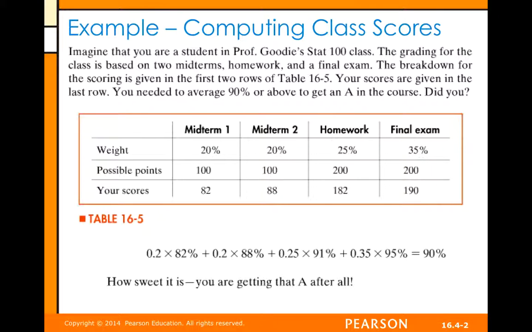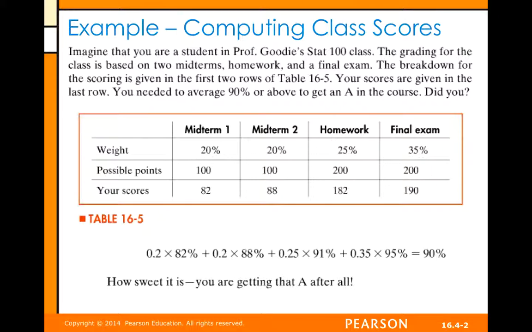This is something you've probably done in many other courses, but you do what you think you should do. This is an 82% right here, 82 out of 100. That's what you got on midterm 1. You got an 88% on midterm 2. On the homework, you did not get a 182%. You got 182 out of 200, which is a 91%.